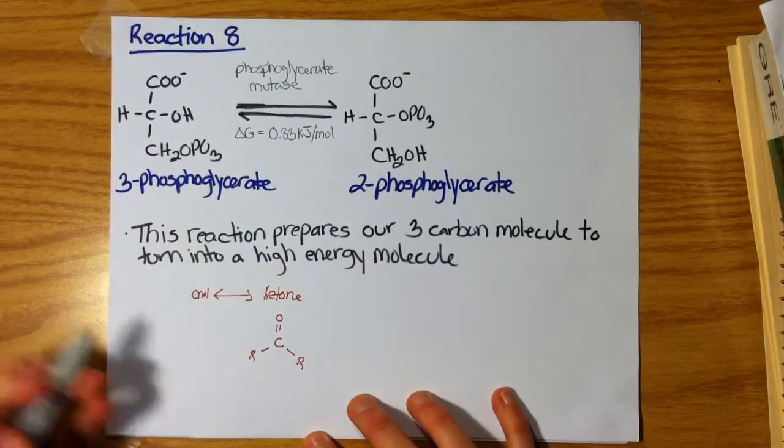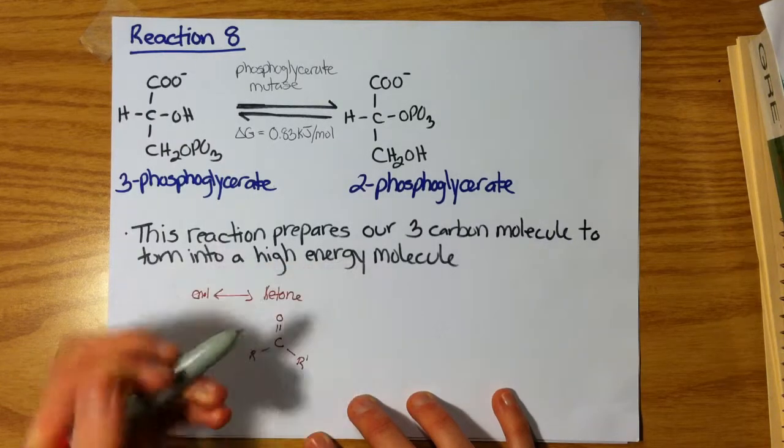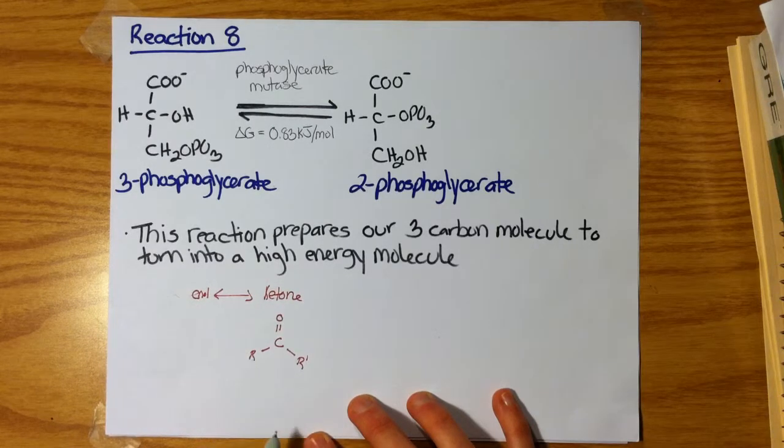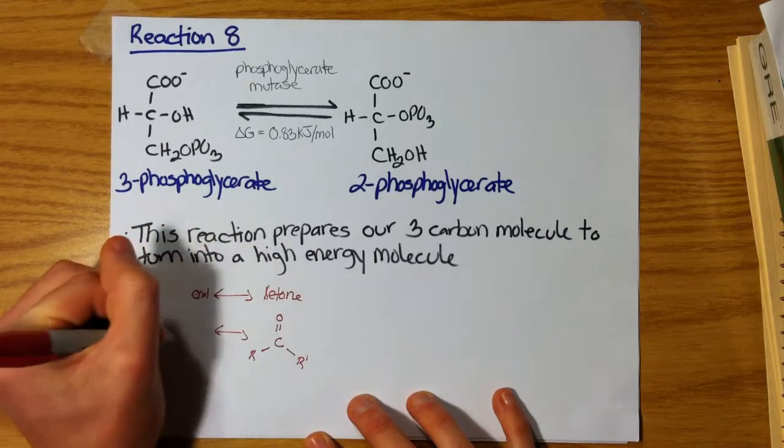Our enol form is when electrons are pushed down between the carbon and its substituent, other than the oxygen.